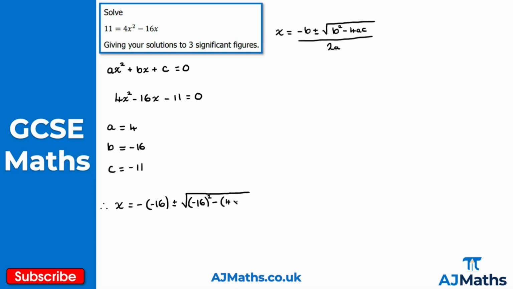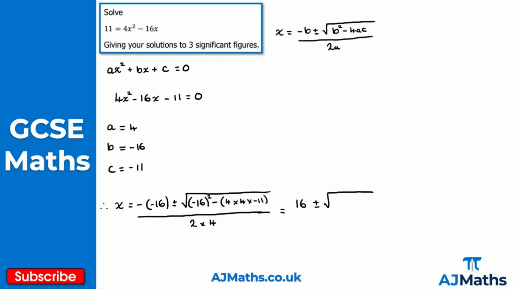So 4, times it by a, which is 4, and times it by c, which is minus 11. And then we divide all of this here by 2a. That's going to be 2 times 4. So if we simplify here, minus 16, that would be positive 16. I've then got plus or minus.